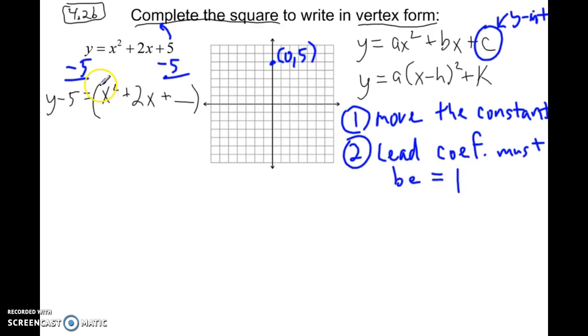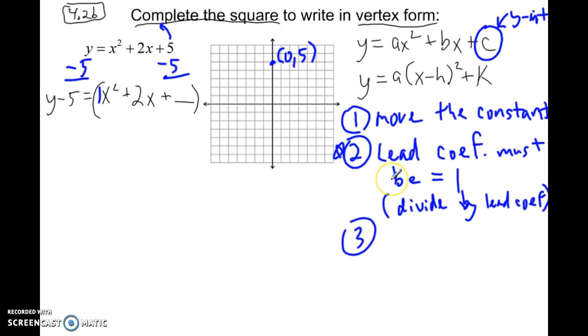In this case, the lead coefficient is 1 right there, so we're okay. If not, you would divide each and every term by the lead coefficient. So that would be your second step. That's not necessary in this case, so you don't always do the second step. We can just skip that in this case.